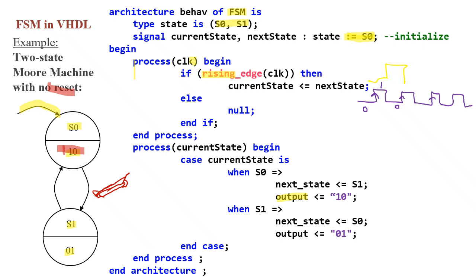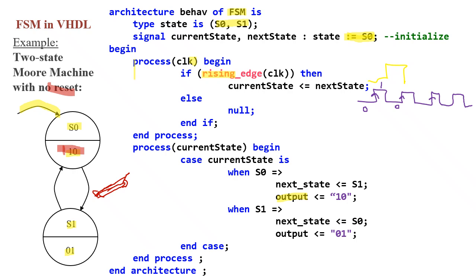And you will always say current state equals next state. So this part of the code is going to remain unchanged for any FSM that has no reset. If you do have a reset, you're going to modify the if statement slightly such that you force the current state to go to the reset state before you check the rising edge. We're going to see a different example through the lab sheet.